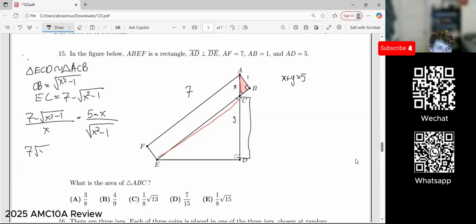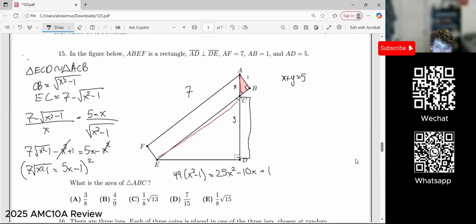So we get 7 square root x squared minus 1 minus x squared plus 1 is equal to 5x minus x squared. This cancels, and so we have 7 square root of x squared minus 1 is equal to 5x minus 1. If we square everything, then we have 49x squared minus 1 is equal to 25x squared minus 10x plus 1, or we get 24x squared plus 10x minus 50 is equal to 0.